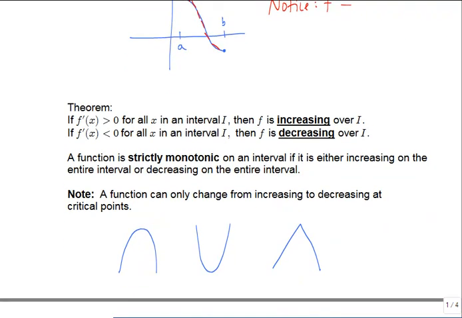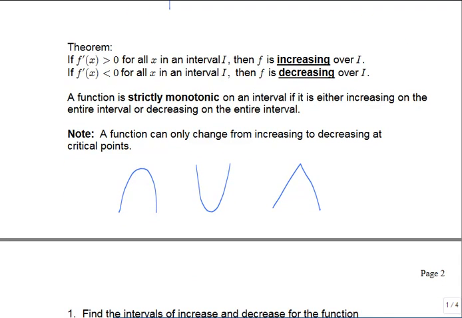And what we want to notice is that a function can only change from increasing to decreasing at critical numbers or critical points. Now remember what a critical point is. A critical point is a place where your derivative is either 0 or DNE. So if we look at this graph right here, right at this little peak, we have a horizontal tangent line. And we know that the slope of a horizontal line is 0, so that means the derivative is 0 right at that peak.